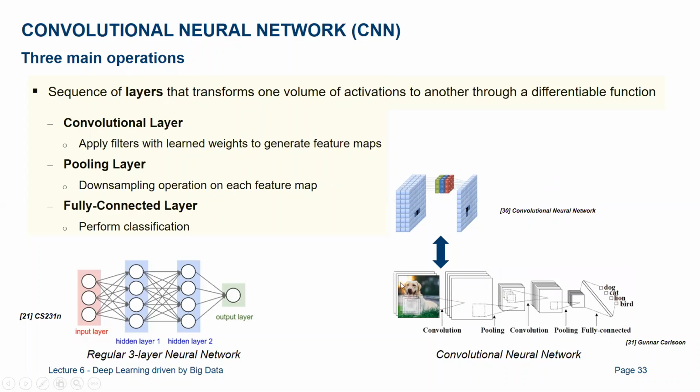So by scanning the image all over, we produce a feature map, which is according to the type of filters that you're learning. So you see the weights. The weights are much fewer, because if we were on this architecture, we would have to connect all the pixels in the image to the next layer, but this is something that we don't do here. We just share the weights and we do the locality.